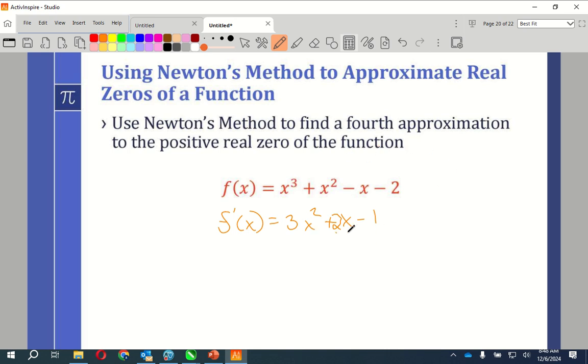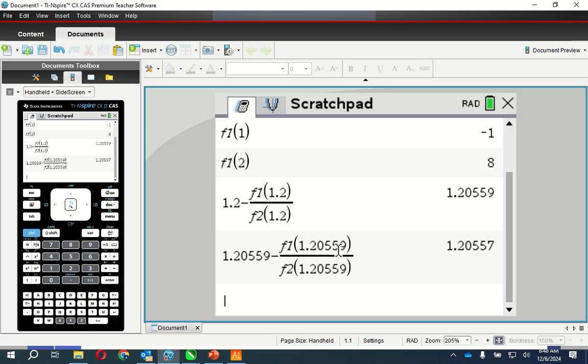Okay, so now, since we started really close, that was actually a pretty good answer. So since we started with 1.2, it was really close to my answer. So let's look at it again. And so if I was to round this right here, the only thing that changed is the 9 at the end.